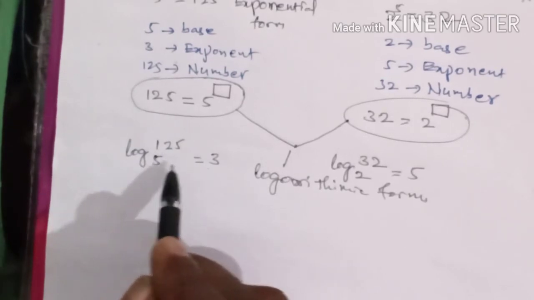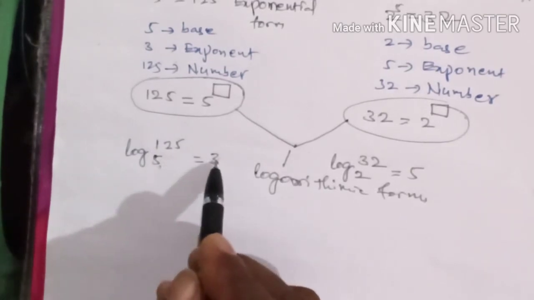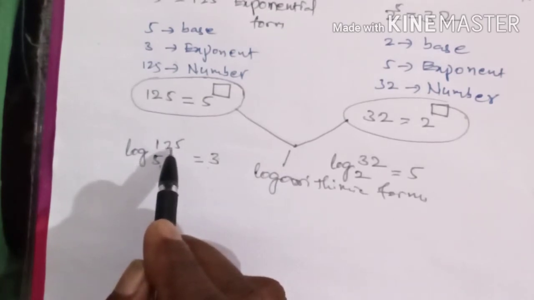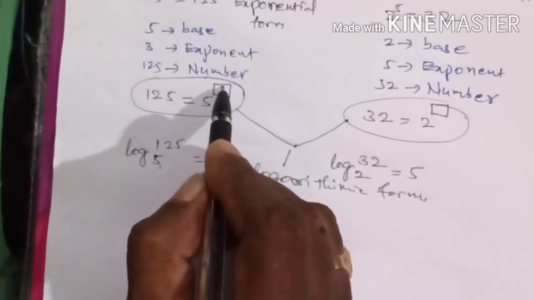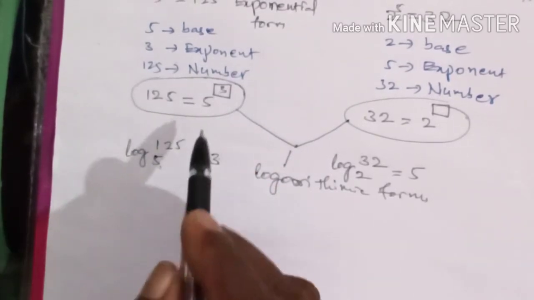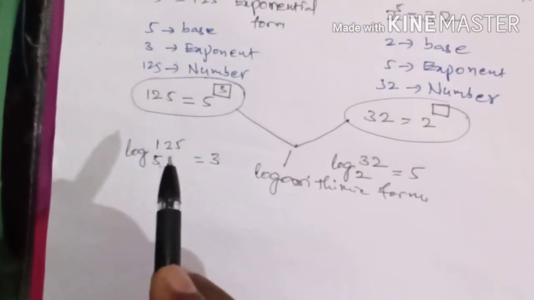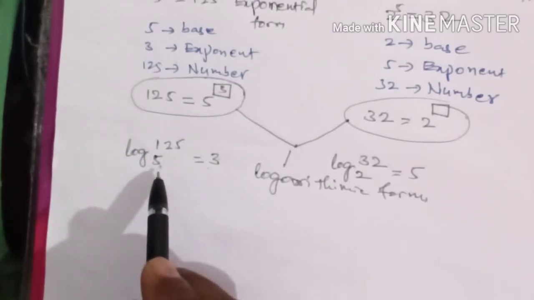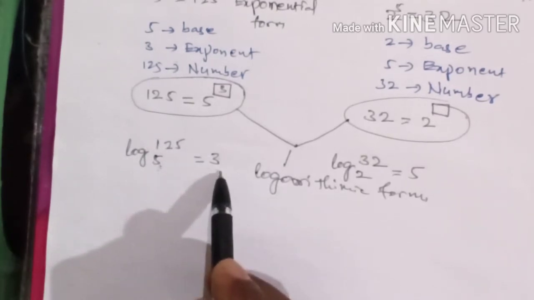That means 5 cube is equal to 125, 5 raised to 3 times is equal to 125. That is the exponential form. Its logarithmic form is that the given number 125, the exponent to the base 5, is equal to 3.